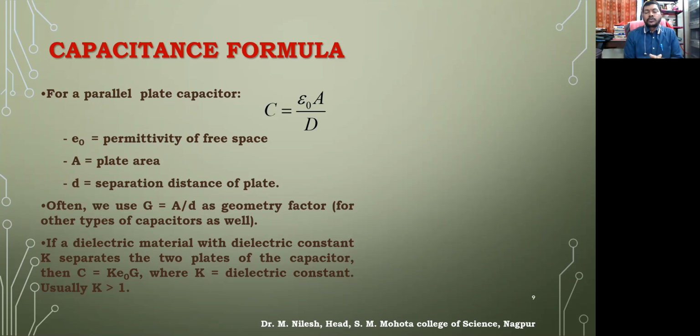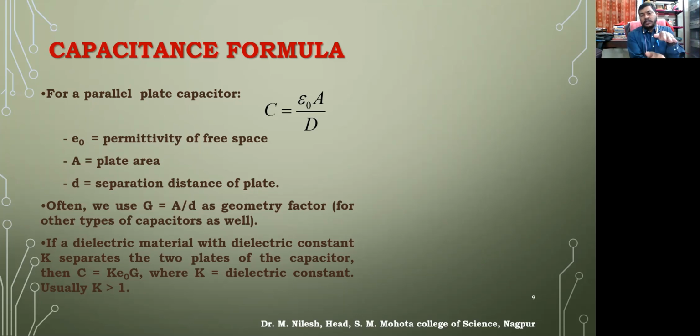We can also define that, but it has a whole chapter of electrostatics, I guess, and in that we have derived this equation, C equals epsilon 0 A by D, where epsilon 0 is the permittivity of free space, A is the plate area, and D is the distance between these two plates.